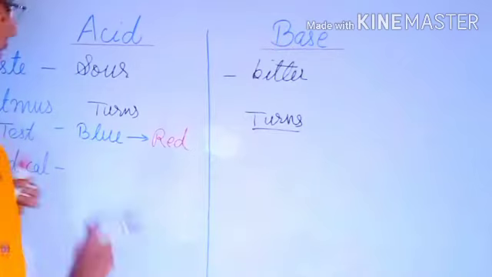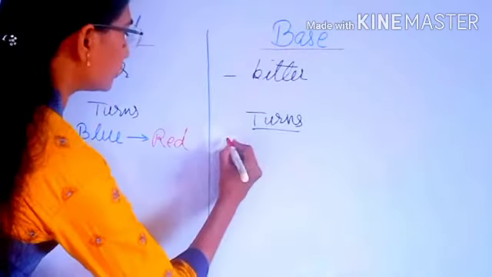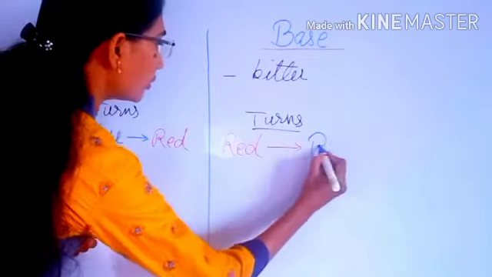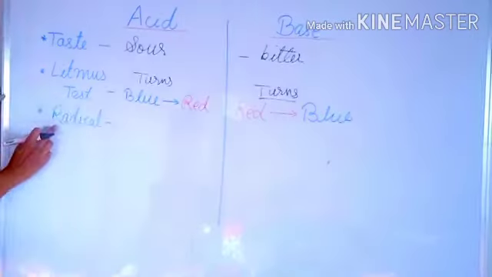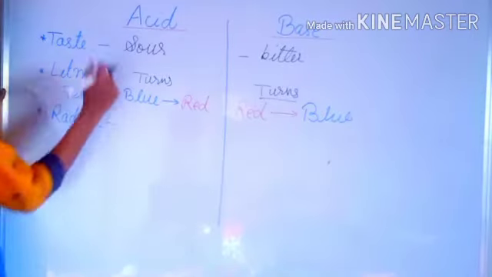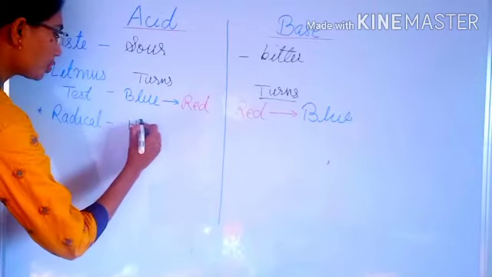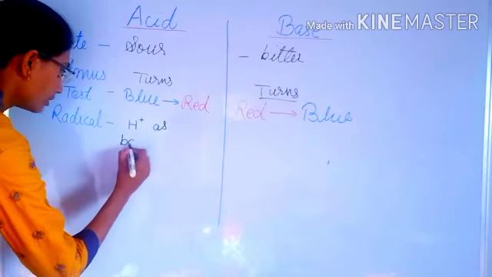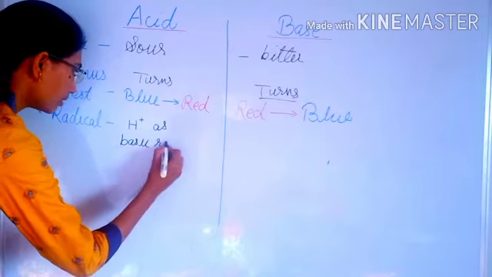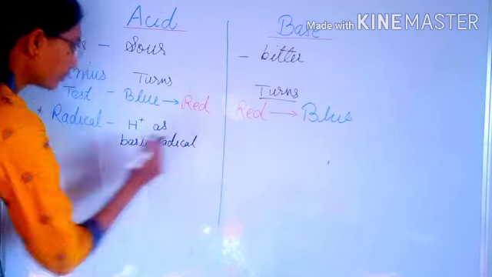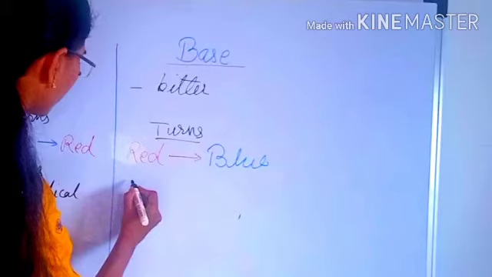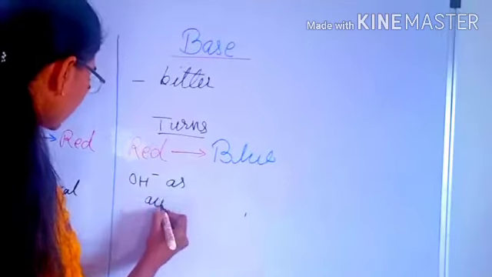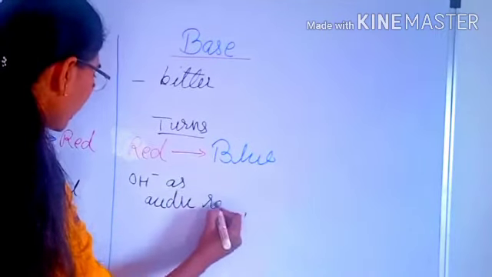turn red litmus paper to blue. Now radicals: in acids, H plus ion is the basic radical, and in base, OH minus is the acidic radical.